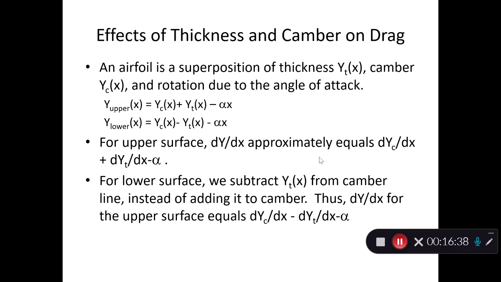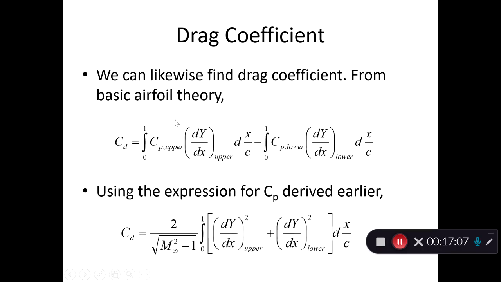So we could do a little bit of algebra. We could think of the upper surface as made of a thickness, camber, angle of attack. So linearly superpose the camber, thickness, angle of attack. Now when you do the dy/dx, it'll be the slope due to the camber, slope due to the thickness, and slope due to the alpha. Now we could square the upper surface slope, lower surface slope, add them together, integrate it.